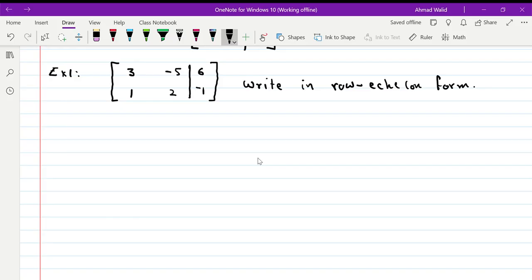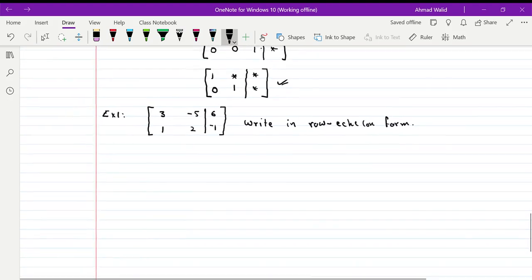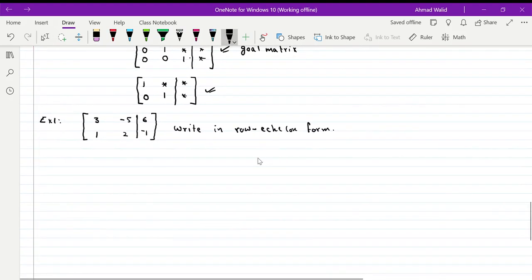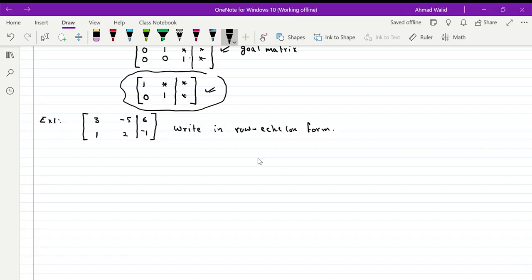As you see, if I zoom in a little bit, for this 2 by 2, to change it to row echelon, I need a 1 in column 1, row 1. If I remember correctly, the three operations or main rules of matrix that I even put notes for you, I just focus here. Look at your row 2. In your row 2, you already have a 1.